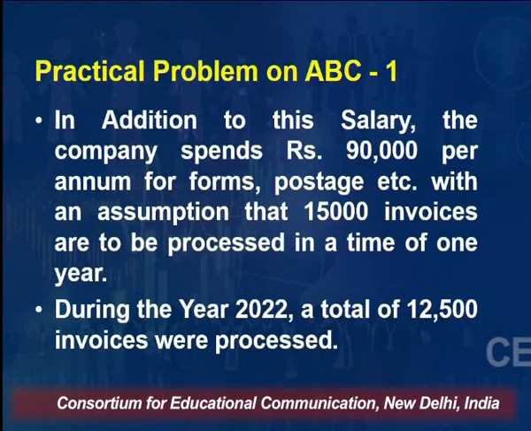Now during the year 2022, a total of 12,500 invoices were processed. So in this company, the 3 clerks processed 12,500 invoices, and the key point is the expectation was that they should process 15,000 invoices, right?